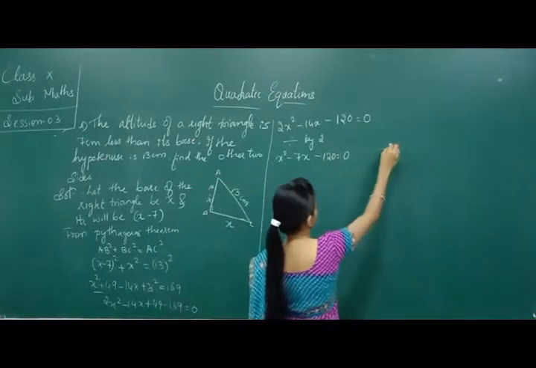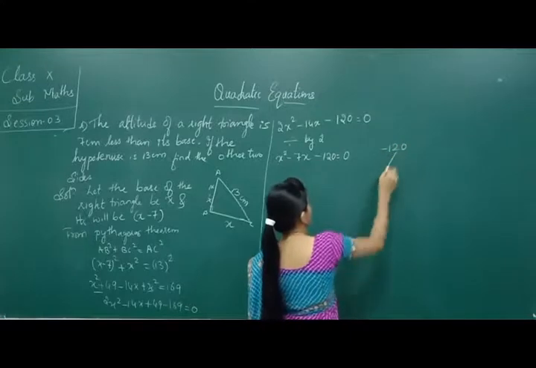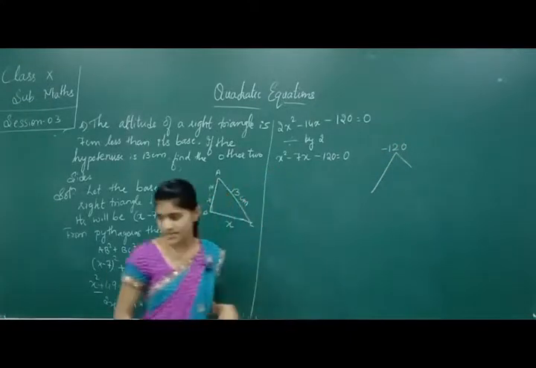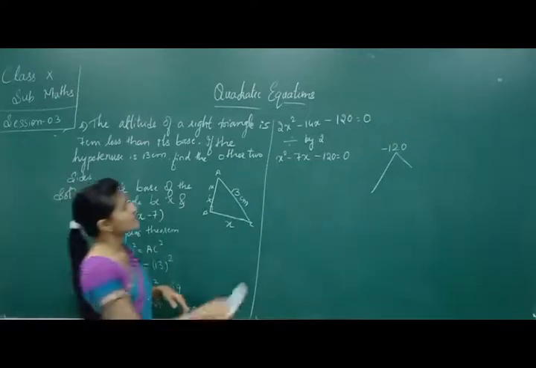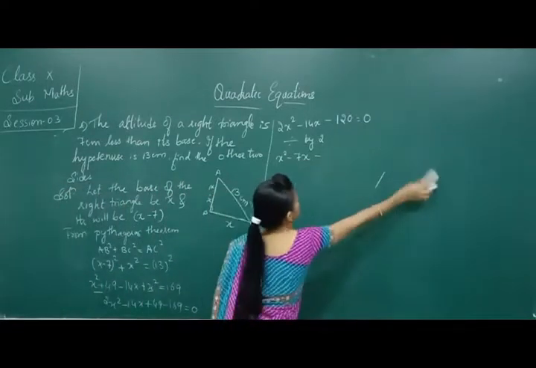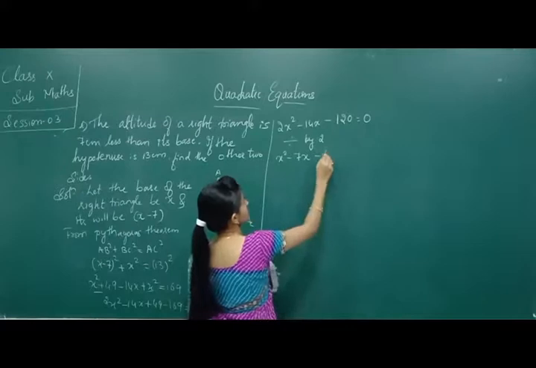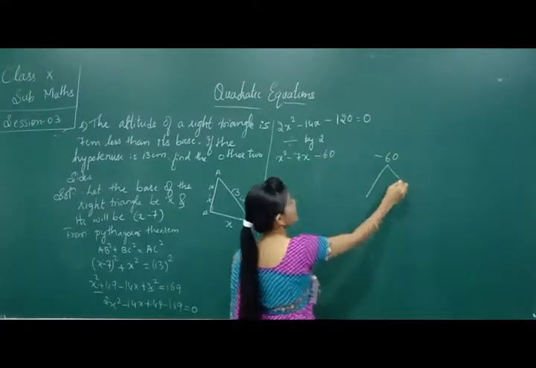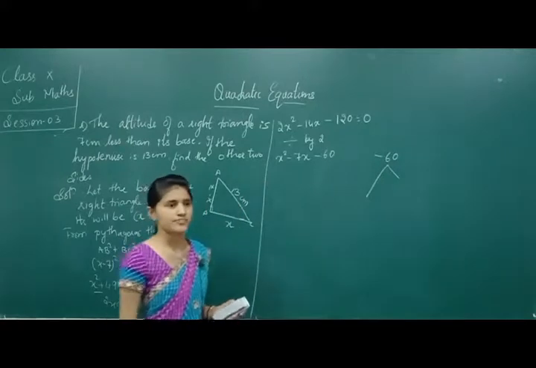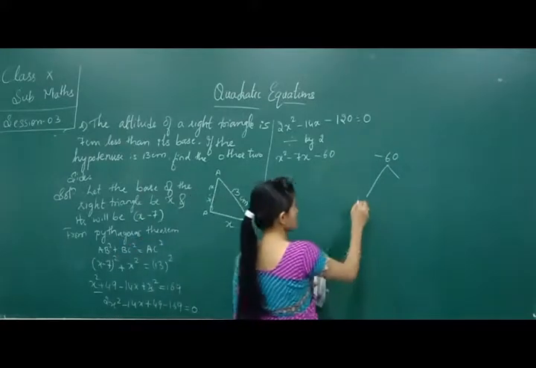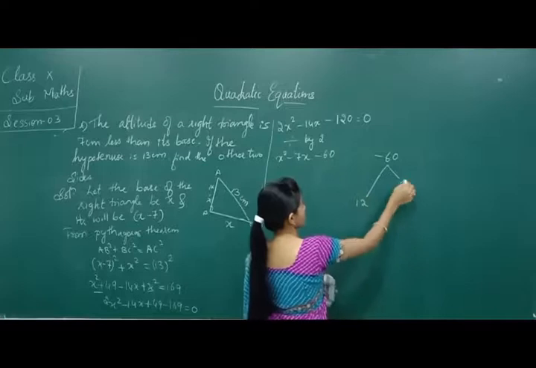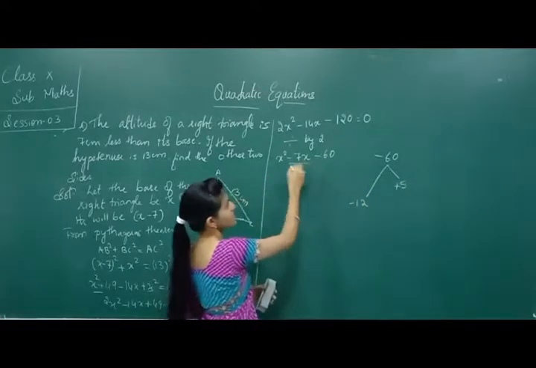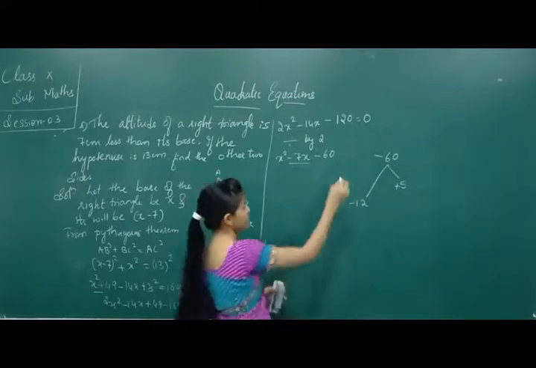Now I need to get factors of 60. On dividing, how much will I get? Minus 60. 12 fives are 60. 12 minus 12 plus 5, because I want here minus 7.